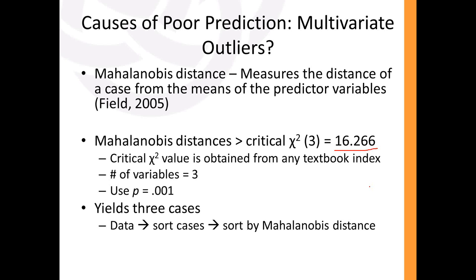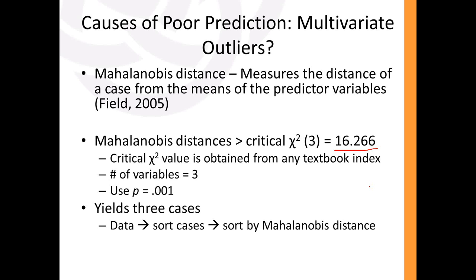So the idea is, what could be causing the model to be not very well able to predict outcomes? And one of the possible answers is that you have multivariate outliers. A multivariate outlier is typically found by the Mahalanobis distance.